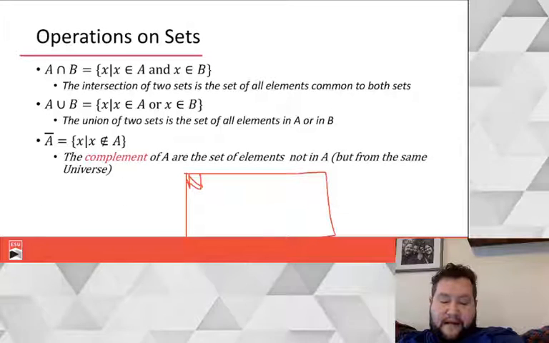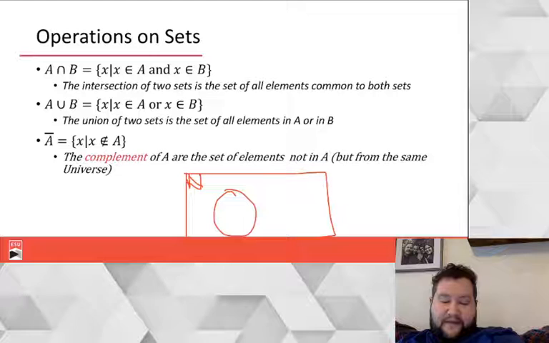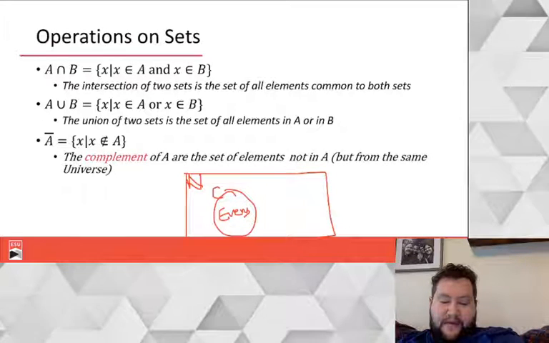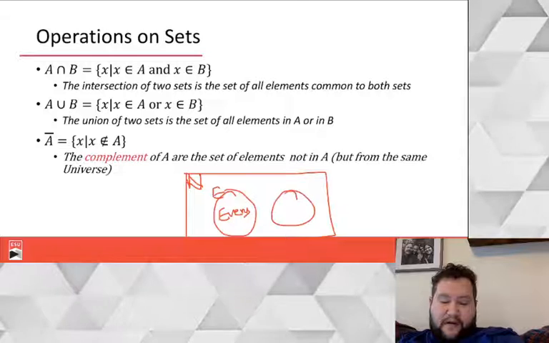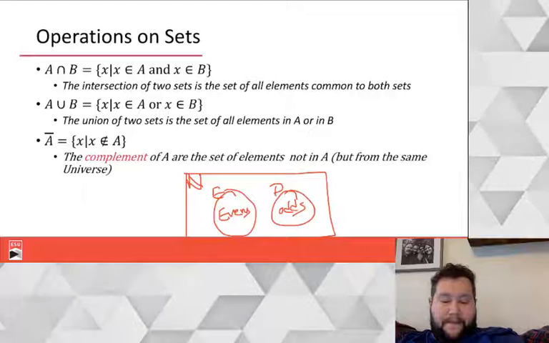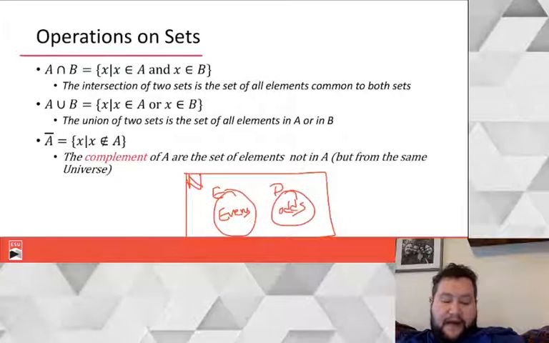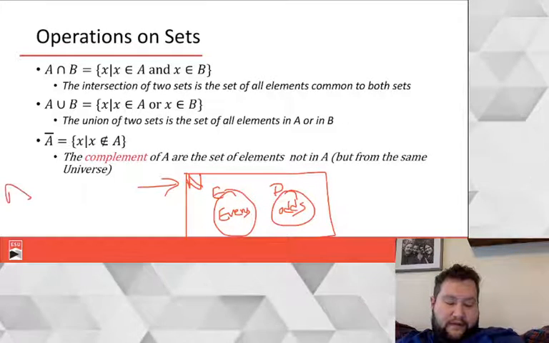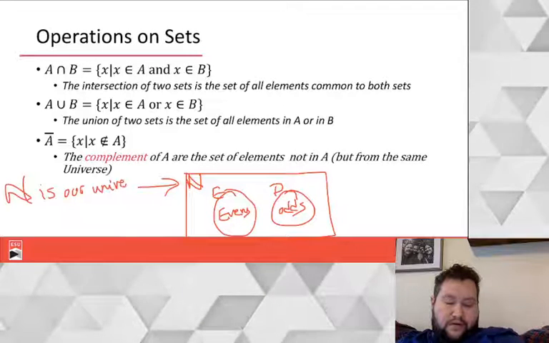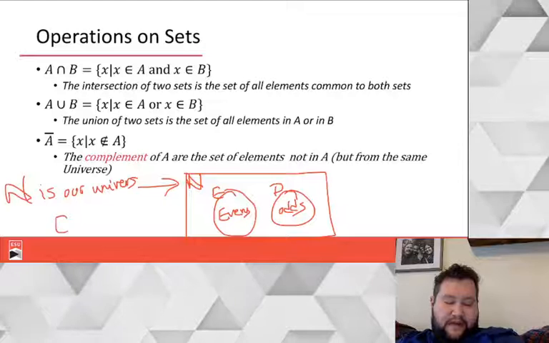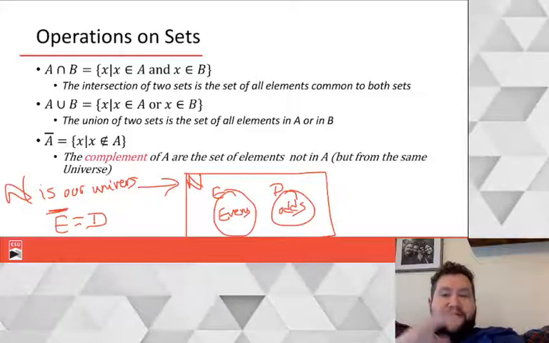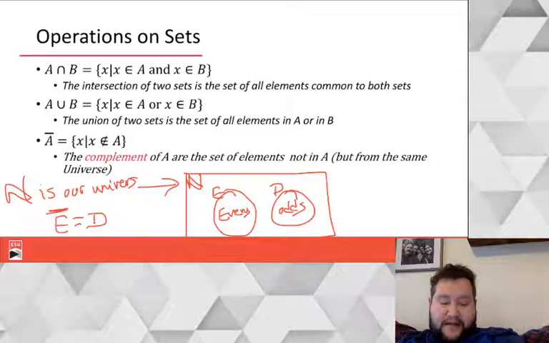And inside that, I have my evens. And let's call that E. And we also have our odds, which are also in here. Now, if n is our universe, the complement of our evens is our odds, because it's everything that's in our universe but not in that set.